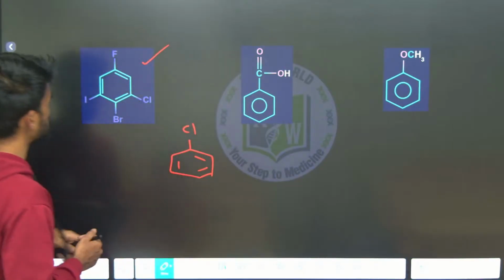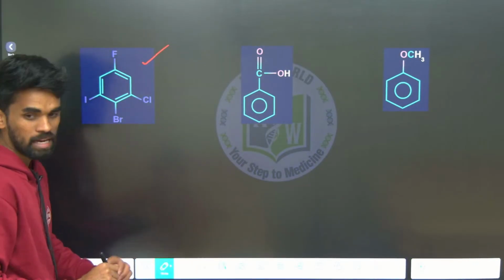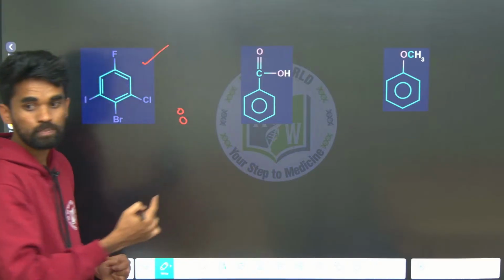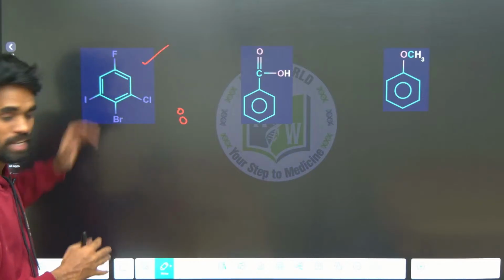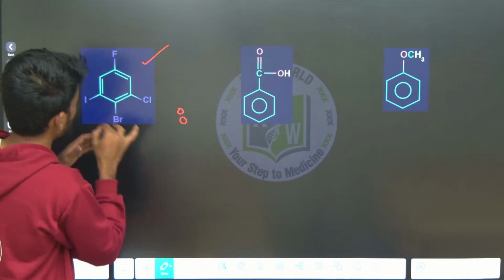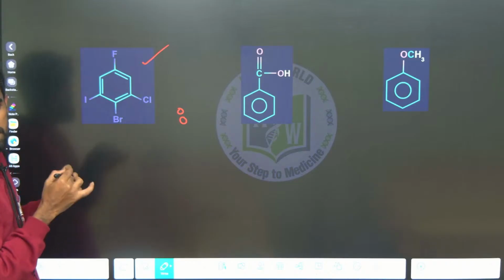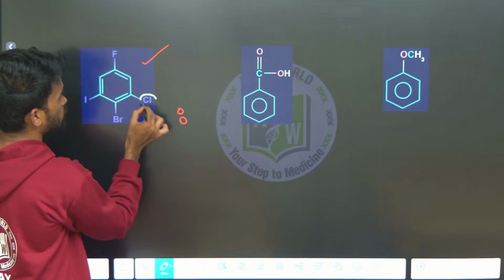Now tell me for this. I am not asking you ortho, para here, because ortho and para, to be frank, are not IUPAC. They come under common names. Now you need to number it in such a way as to give the lowest numbers possible. I am starting numbering from chlorine. Why from chlorine?